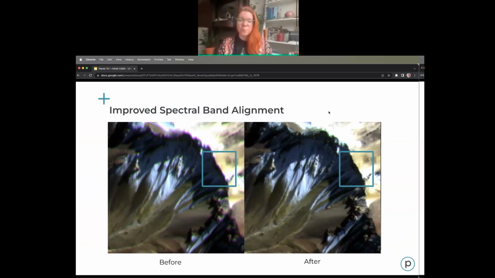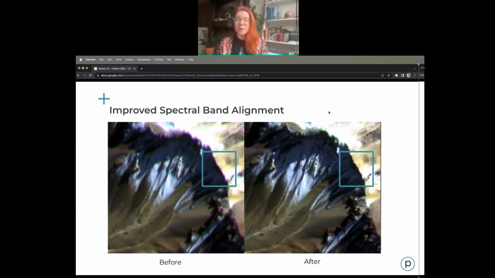We've also made huge improvements to the spectral band alignment, and this was another thing that was very specific to the SuperDove satellites because you have those 8 small bands across the entire sensor. In order to make one multi-band composite for a SuperDove image, you need 24 or more individual frames to be combined. This is another one where these improvements have been deployed from March 1st of this year moving forward, and all of the imagery is going through a new compositor and registration process.